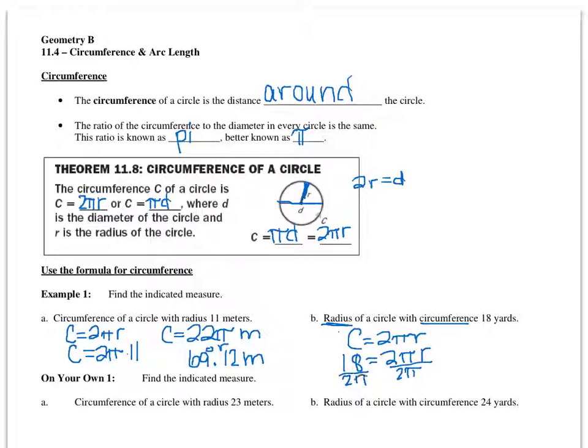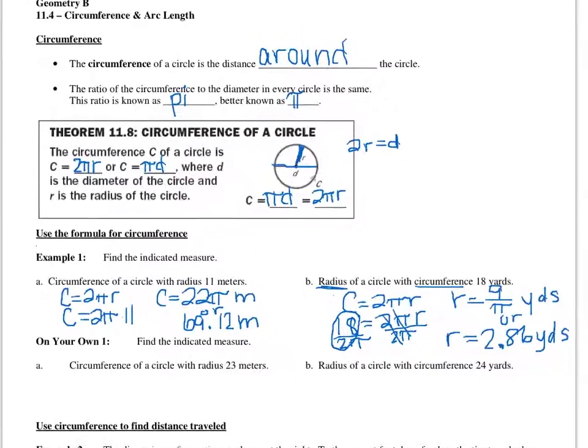That would move everything over except for r. So I have r equals, well, 18 divided by 2 is 9, and that pi is on the bottom. So 9 over pi yards. Or, for our exact value, we can say r equals 2.86 yards. Sometimes we'll want to use the exact value, sometimes we'll want to use the decimal form.